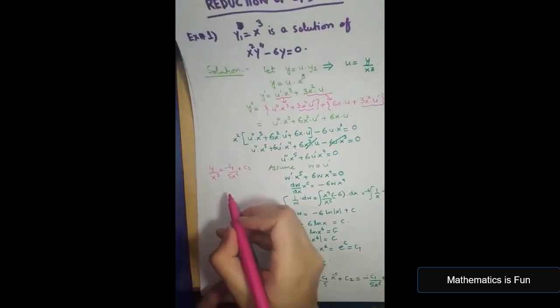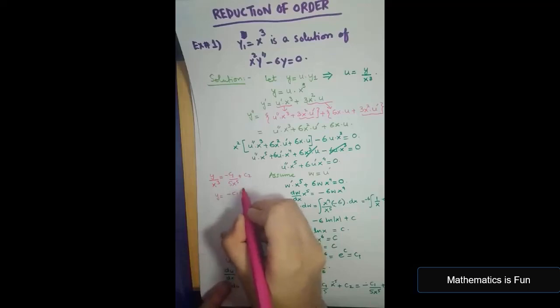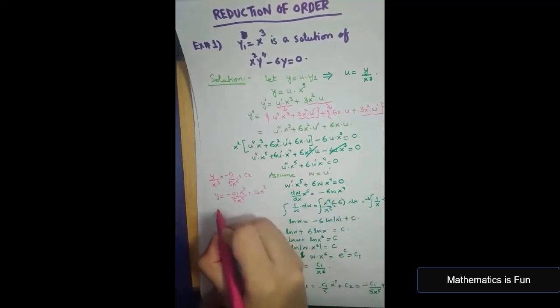Then y equals minus c1 times x cubed divided by 5x to the power 5 plus c2 x cubed.